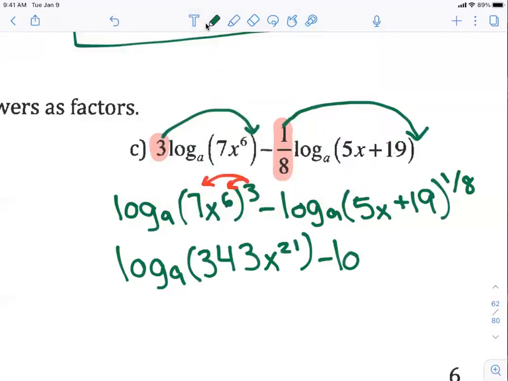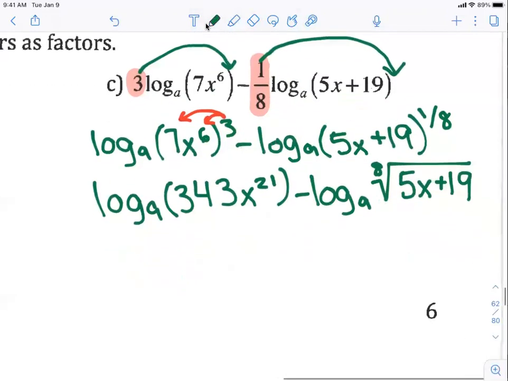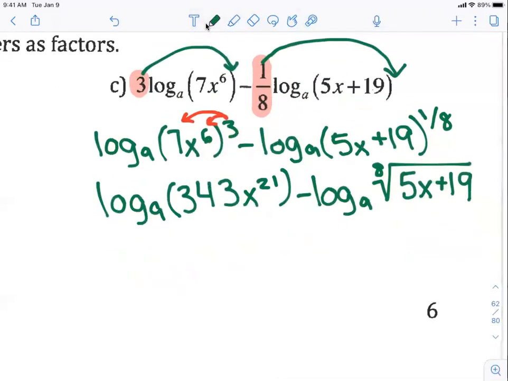Minus log A. Now you can either keep this exponential, or sometimes you're going to see it turned into a radical. Either way is fine, but I just want to show you the radical. It's the same thing because it's flower power. The power is 1, the root is 8. Now I still have one more step to do because I'm subtracting.